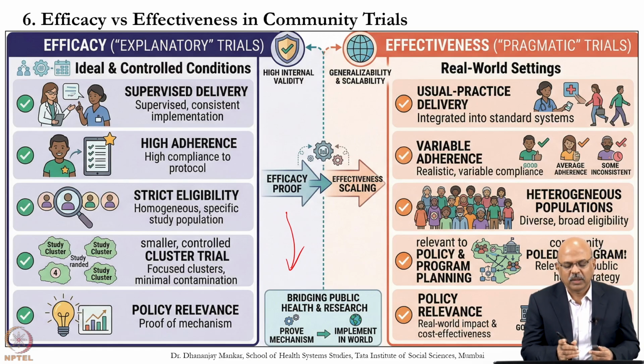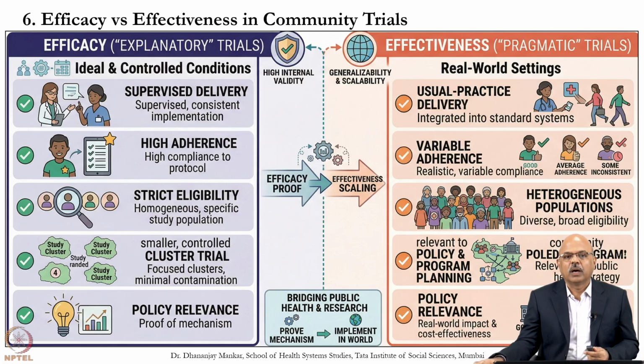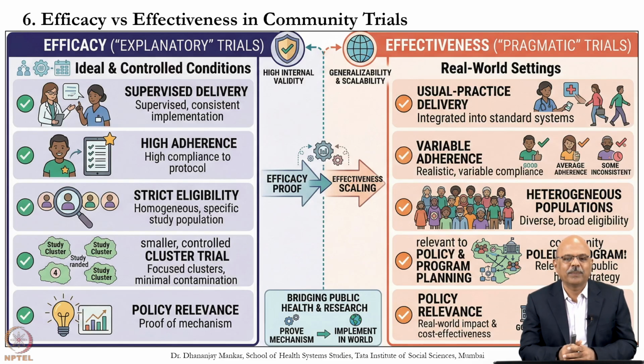So there are many benefits highlighting proof of efficacy. On the other part, when we talk about effectiveness and scaling, effectiveness is more towards generalizability of the sample, and effectiveness is more about real world settings, usual practice delivery, integrated into the standard system, which can be organization based or institution based.